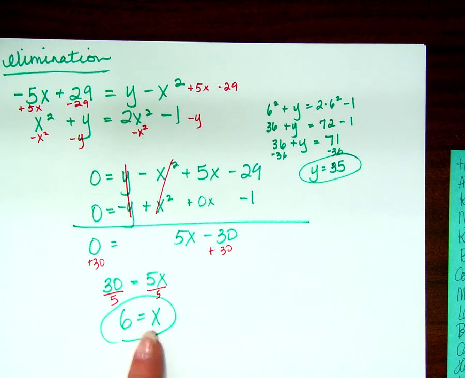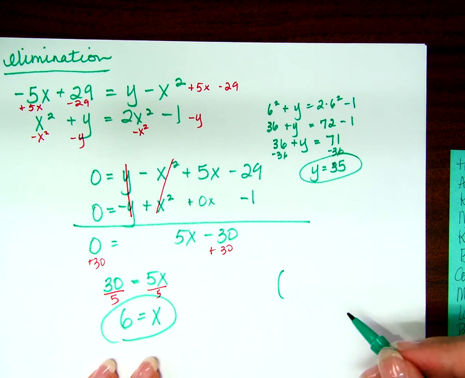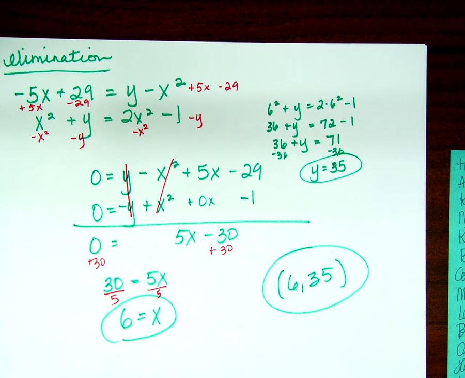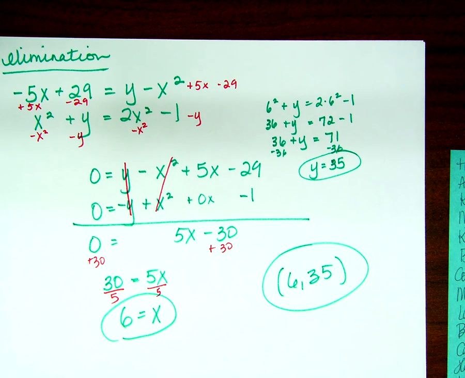What did I find here? I only found one value of x. If I only found one value of x, how many points of intersection are there? Just one, right? What's the point of intersection? 6, 35, that's it. Not me messing with you, but for real, that's it.